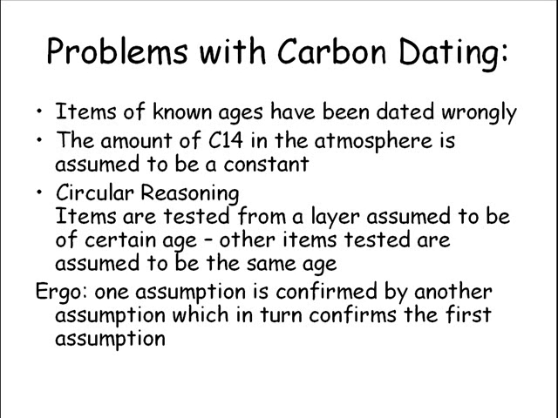What we have is one assumption confirmed by another assumption, which in turn confirms the first assumption. So it's like one lie backs up another lie, which then backs up the first lie. You might say that. Obviously, I'm a creationist. I don't believe the views which are put forward by evolutionists, just to make the point here.